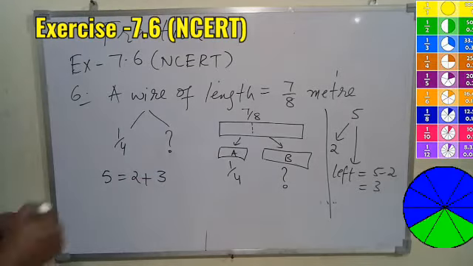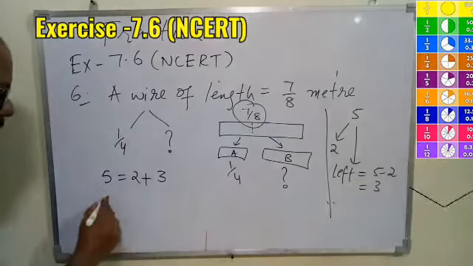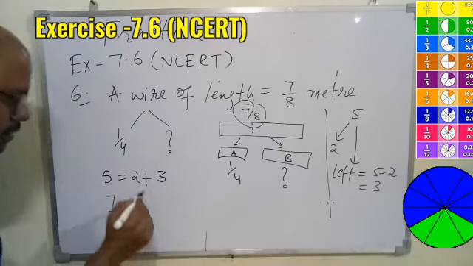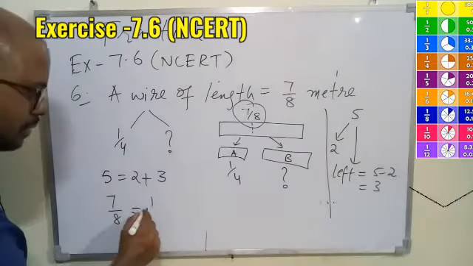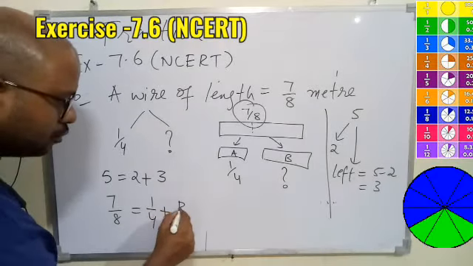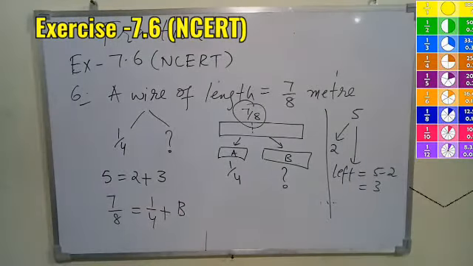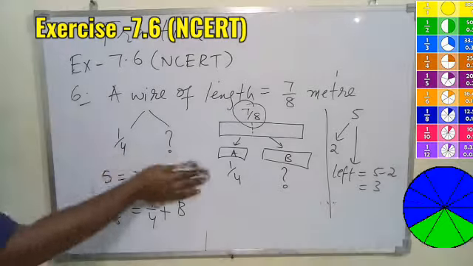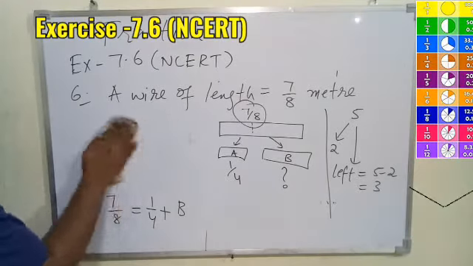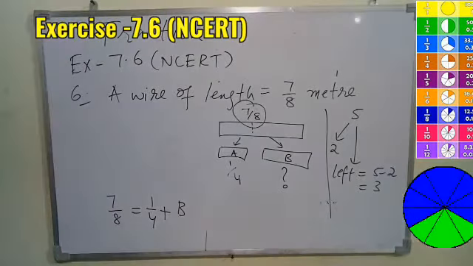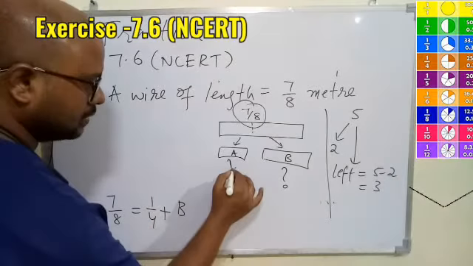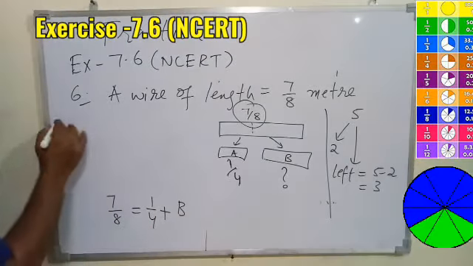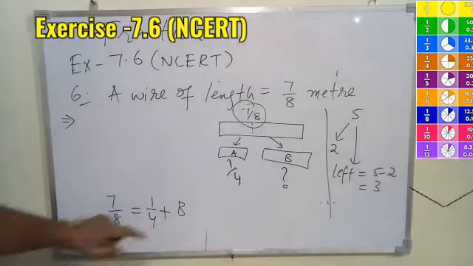So here the total part is how much? 7/8. Yes or no? One part is how much? 1 by 4. The second part we don't know, that we have to find out. This is how we can write it down. So from this simple concept we have, that is how to find b.